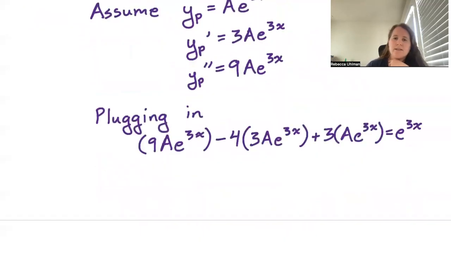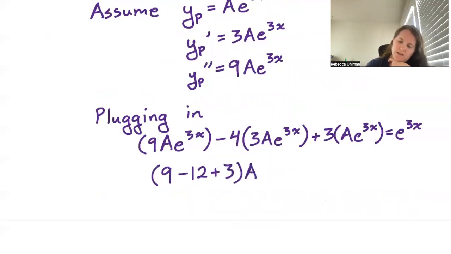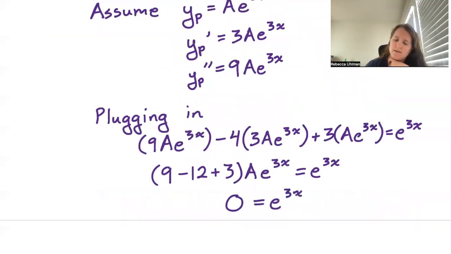The left-hand side simplifies to (9 minus 12 plus 3) times a e to the 3x. Setting this equal to e to the 3x, this becomes 0 equals e to the 3x. So we have a problem.